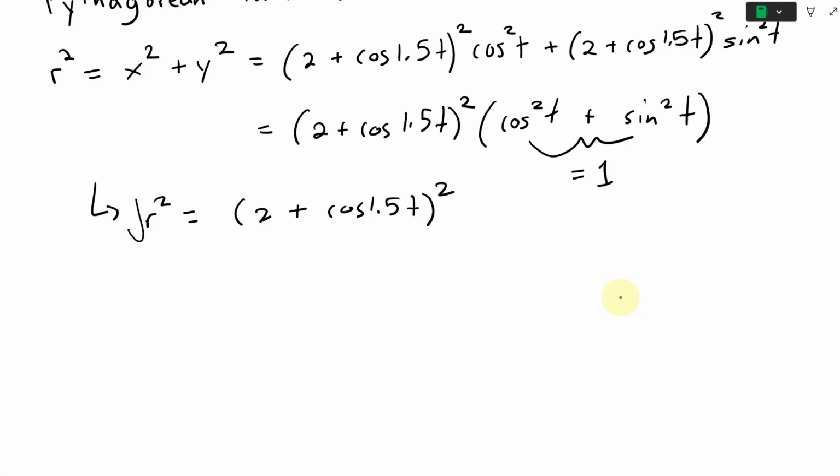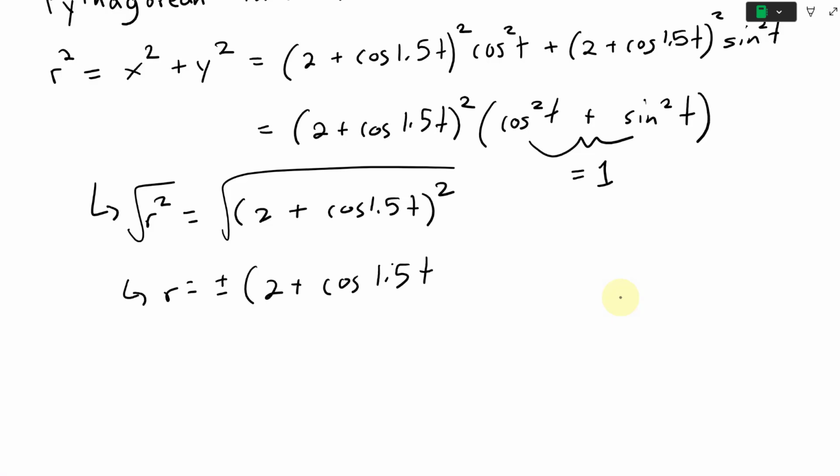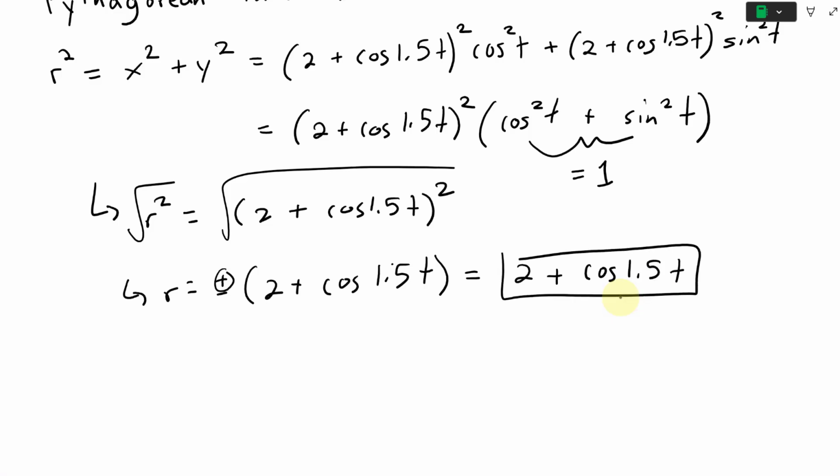Now we can just square root both sides, and we end up with r equals plus or minus 2 plus cosine 1.5t. We'll only take the plus, because it's distance. I'll also put plus or minus because it's interesting. But anyways, we take the plus because we just want the distance. So this equals 2 plus cosine 1.5t. So that is our polar equation.